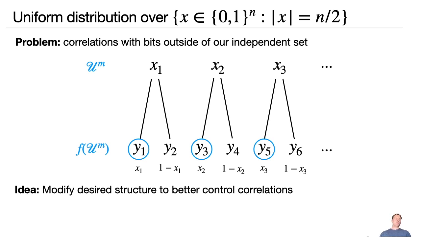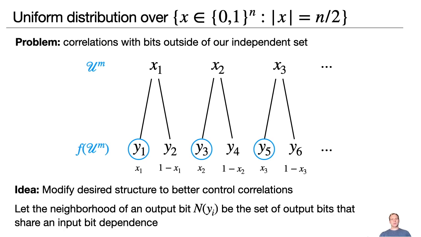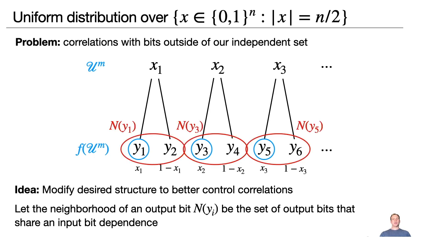One way we might hope to handle these correlations is to modify the desired structure we're looking for. So rather than just look for independent output bits, now we're going to look for what we call neighborhoods. The neighborhood of an output bit is all the other output bits that share some input bit dependence.